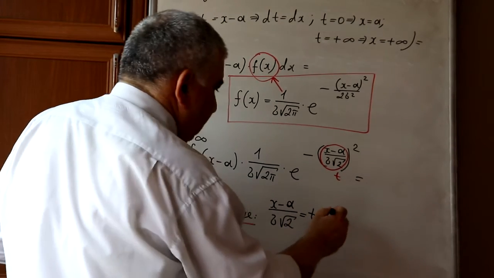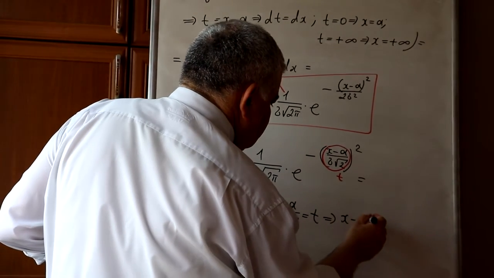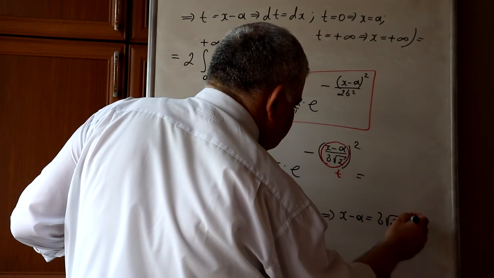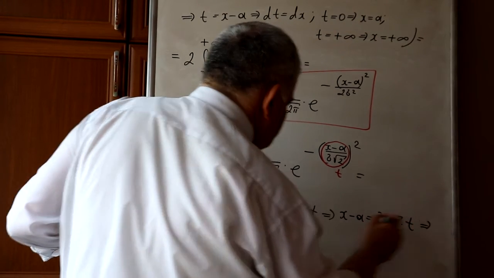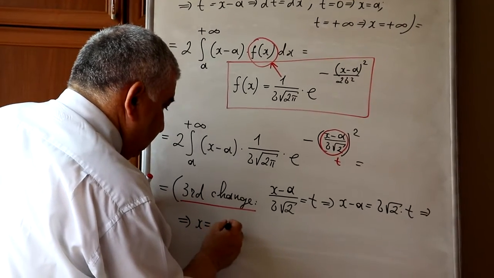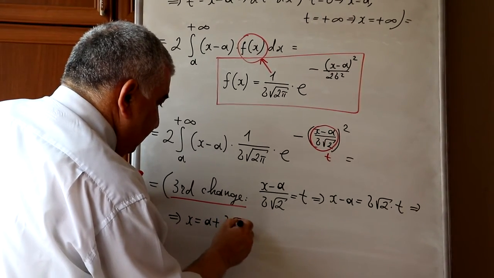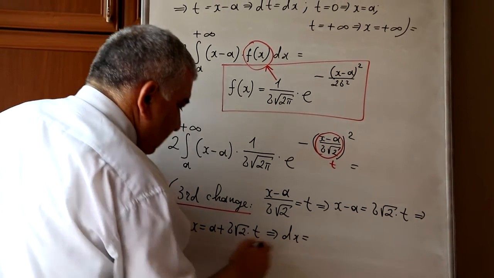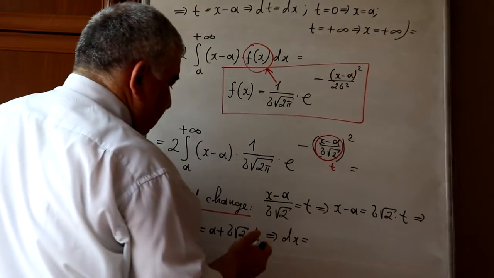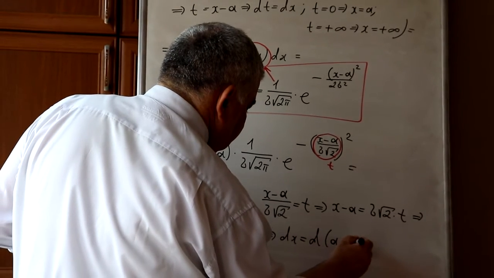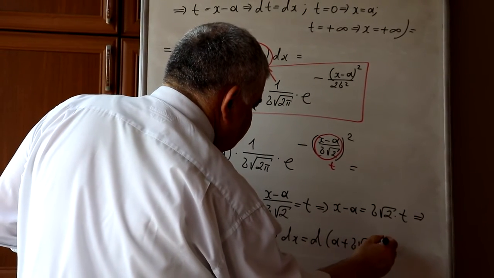Then x minus a is equal to sigma square root of 2 t. Then x is a plus sigma square root of 2 t, then dx is d of a plus sigma square root of 2 t.